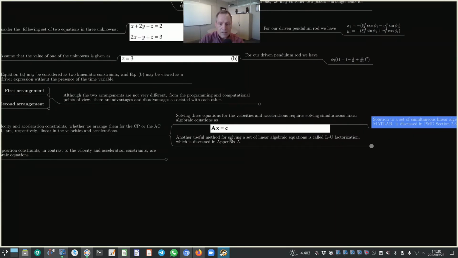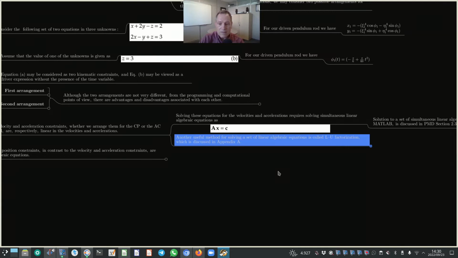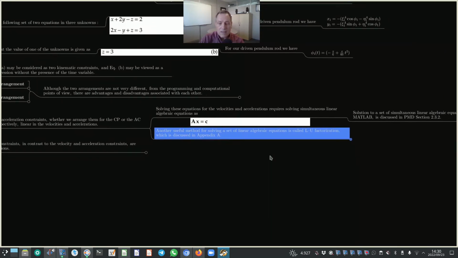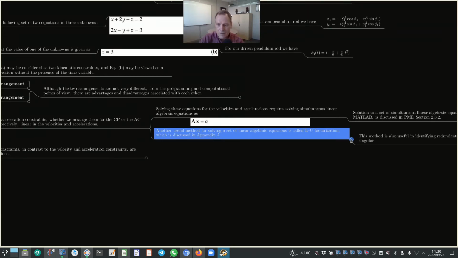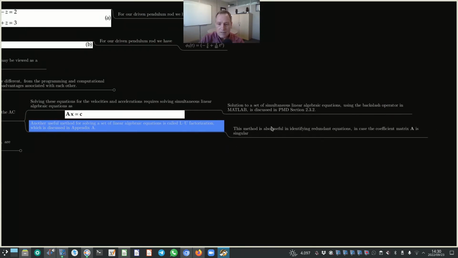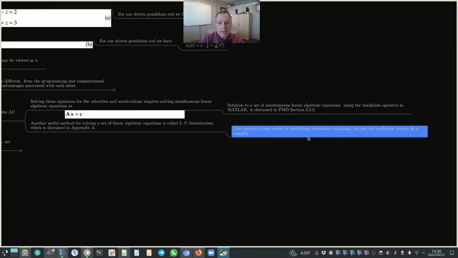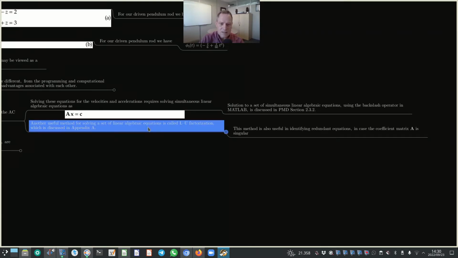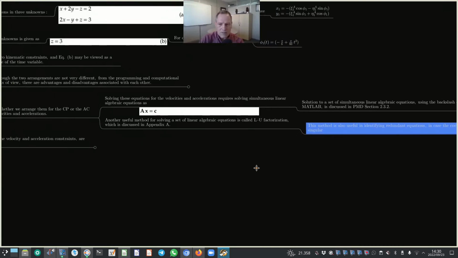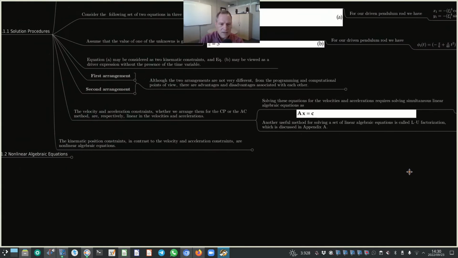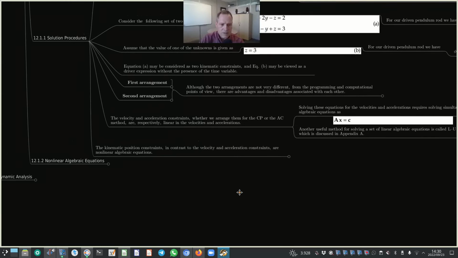Okay, now another useful method for solving a set of linear algebraic equations is called the LU factorization, which is discussed in Appendix A of the textbook. This method is also useful in identifying redundant constraints or equations in case the coefficient matrix A is singular. Okay, so that's just a side note. You are welcome to have a look at Appendix A if you prefer.